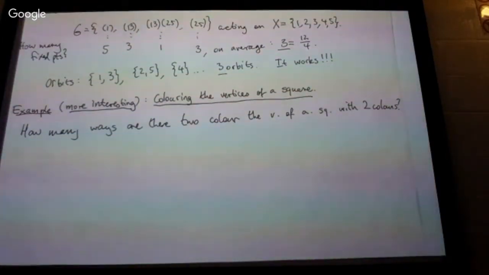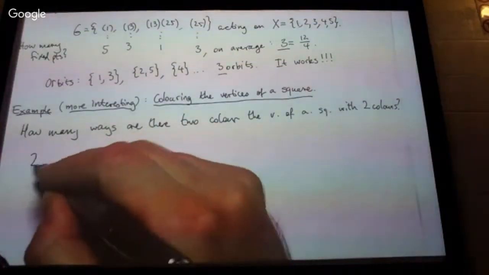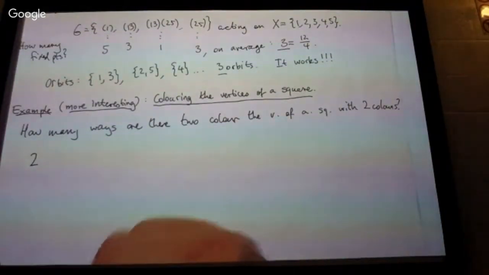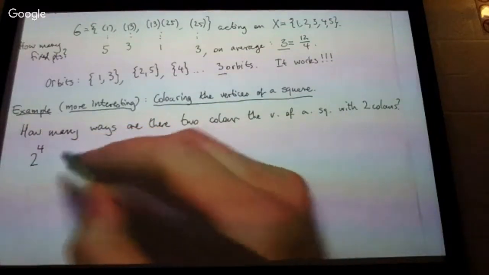When you say 2 colors, every corner has to be colored in. Yeah. So every vertex is black or white. I'd say red or blue, but the book says black or white. So surely there are 2 options for every vertex, and there are 4 vertices.